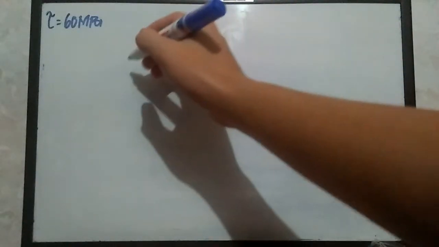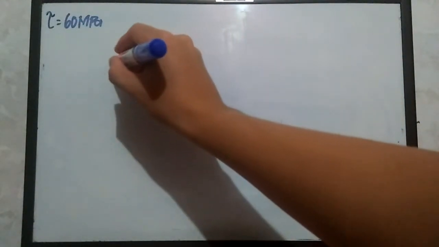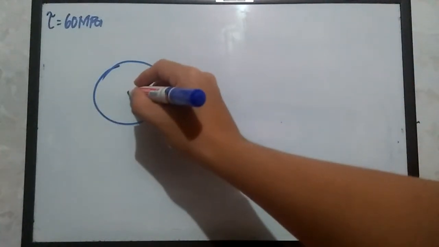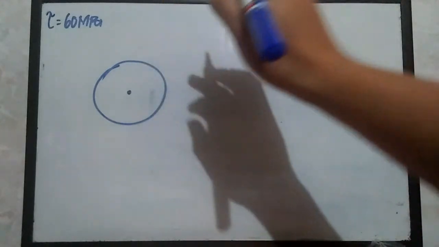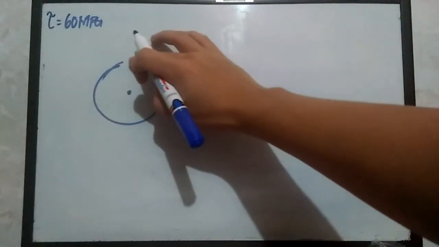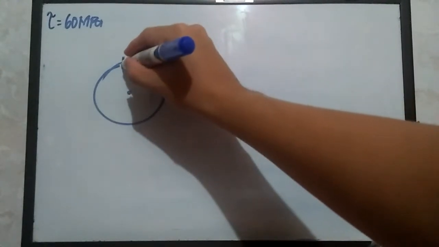If this is the key, going like this, circular, we have here the center point. Just to emphasize the key, I'm going to draw it like this. Okay, this is the key.